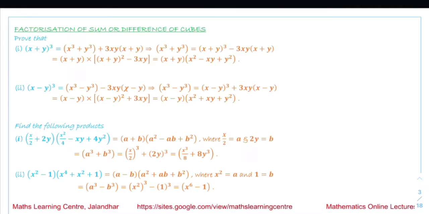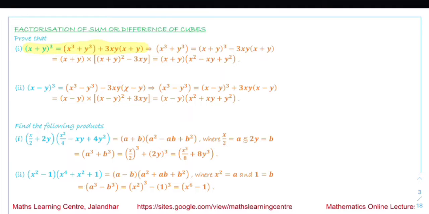The two formulas that we already know: first is (x + y)³ = x³ + y³ + 3xy(x + y).